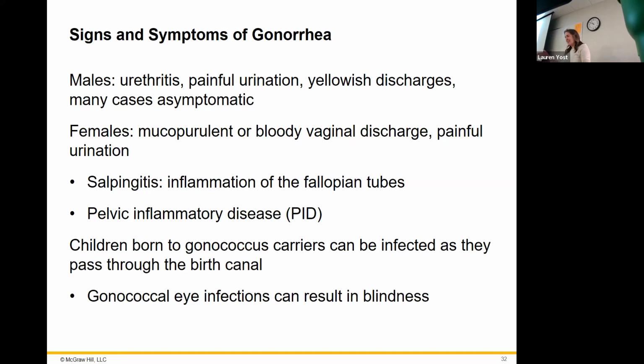We're not vaginitis here, but we are having pelvic inflammatory disease and worse, right? So interesting how that's just moving that inflammation deeper into these structures. But yeah, females will have mucopurulent or bloody vaginal discharge, painful urination. Many times males will be asymptomatic, but clearly that's not always the case.